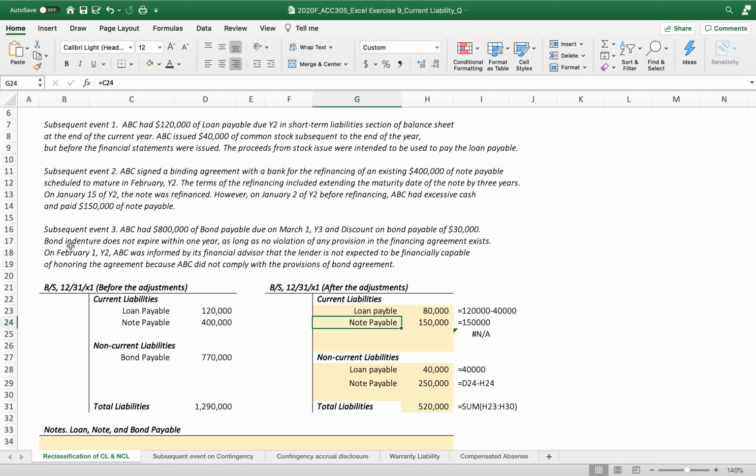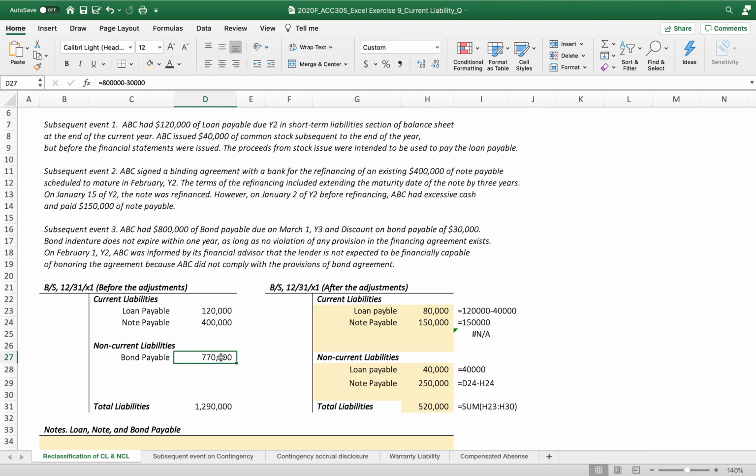And finally, subsequent event number 3: ABC had an $800,000 bond payable due March 1st, year 3, and a discount on the bond payable of $30,000. That means the net bond payable book value is $770,000.